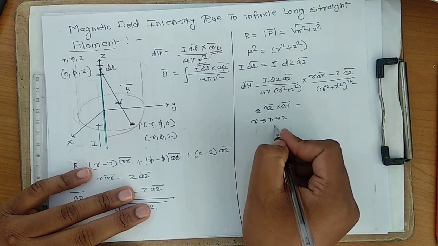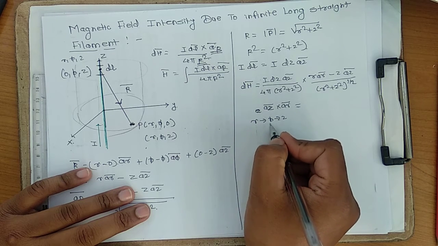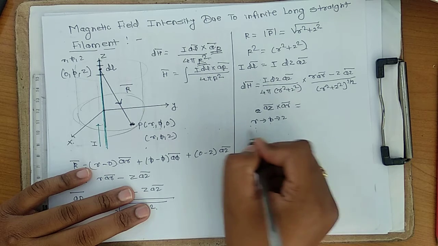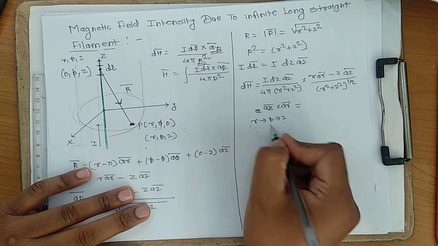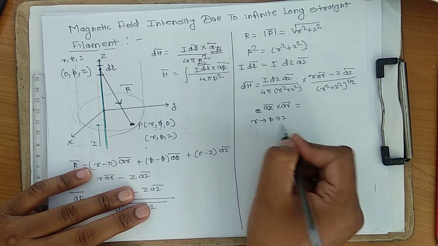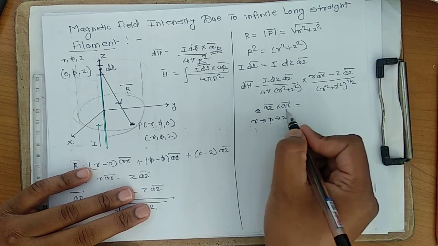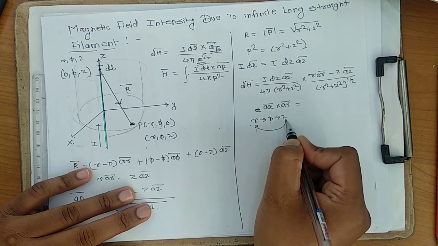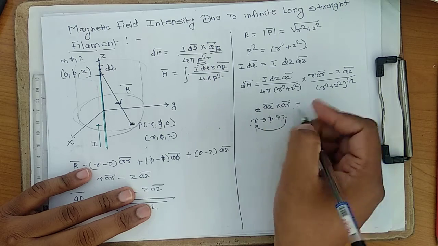If you multiply a phi bar by a z bar, it converts into a r bar. Suppose you multiply a phi bar and a r bar: the sequence is wrong, after phi it should be z, not r, so it will be minus a z bar. For a z bar cross a r bar, after z you are getting r, so the sequence is right, then it is phi.